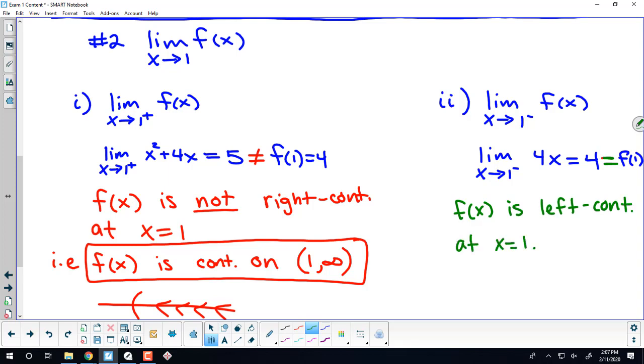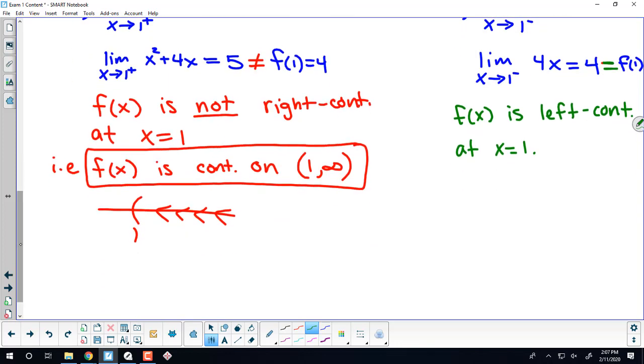So again, maybe you don't have to write that particular statement down. Your limit equaling or not equaling the function value is showing that. We're just writing that out because that's what you should think about when you see this type of situation. So it is left continuous at 1, so we know what interval this is continuous on.